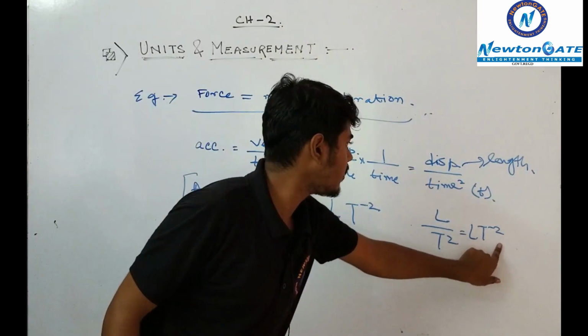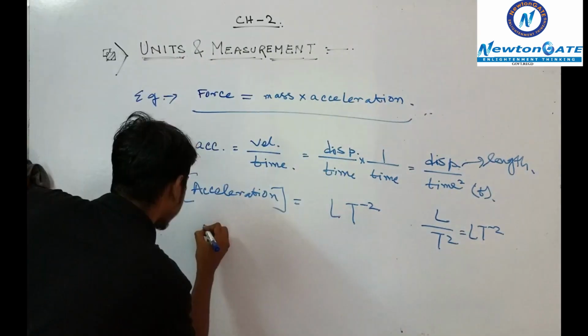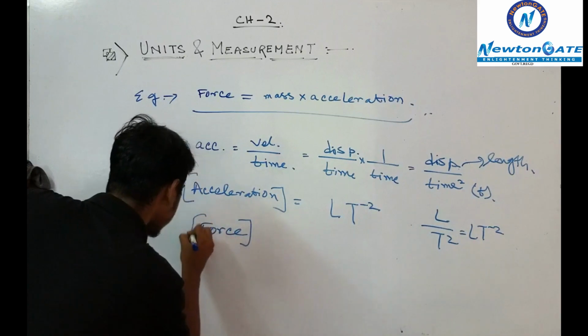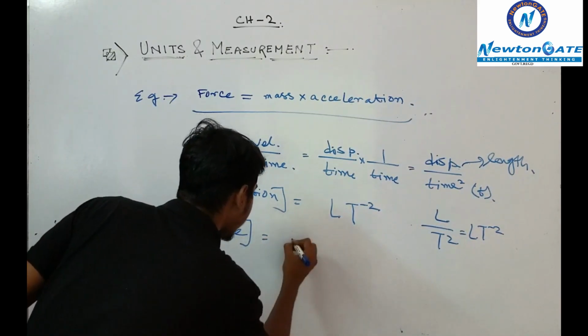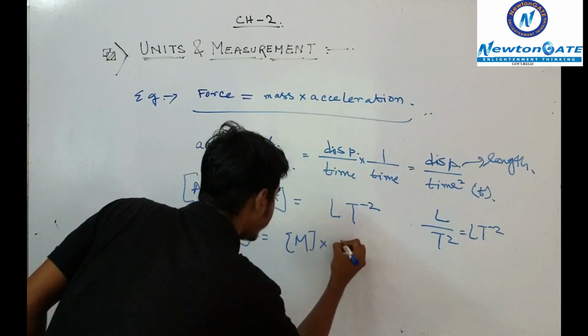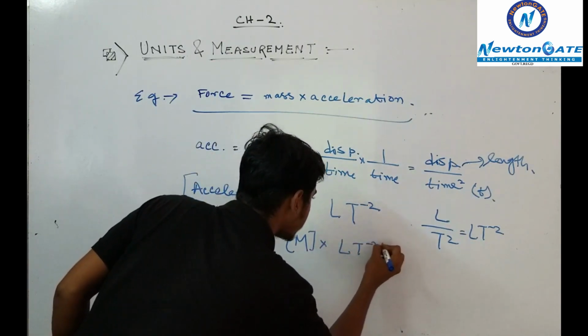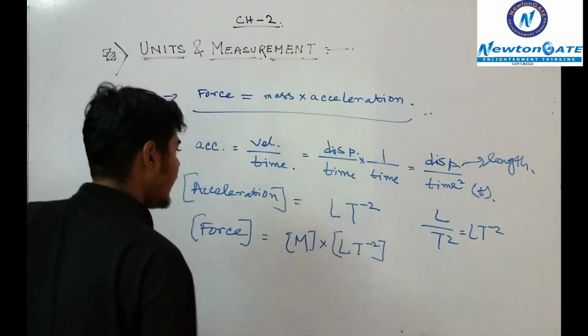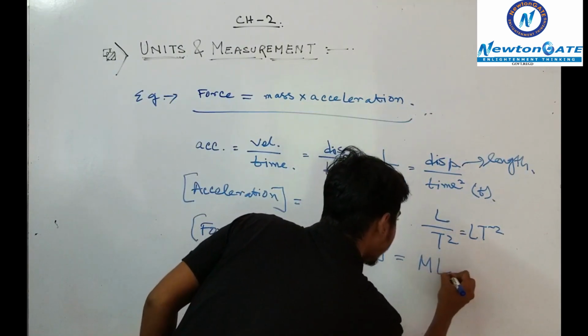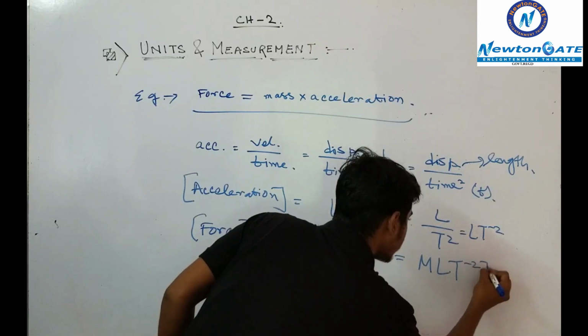It is an inverse power, okay, reciprocal. So force will be mass, that will be M multiplied by LT minus 2. So that will result in MLT minus 2.